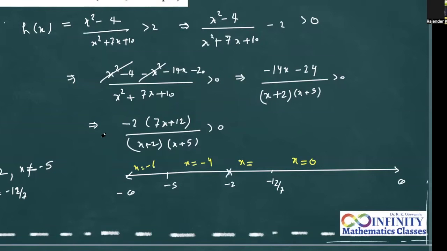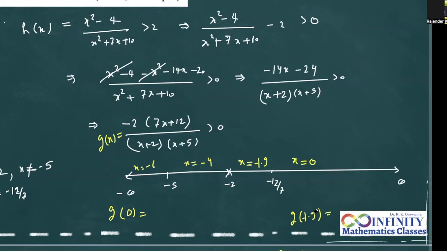Okay. This expression, let me assume this expression is g(x). Can you tell me what is the value of g at 0? What is the value of g at the second test value? -4. What is the value of g at -6 there? And at this point, just a second, let me just choose negative 1.9. Okay, you can use the calculator without any issue.